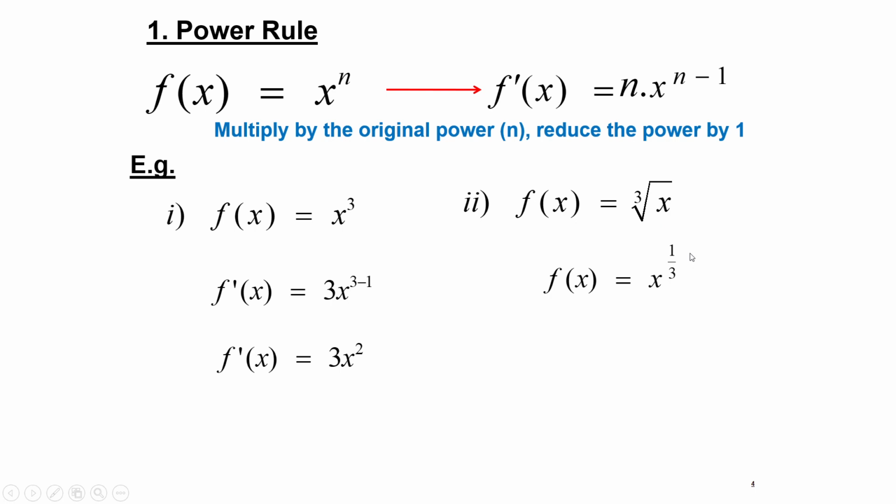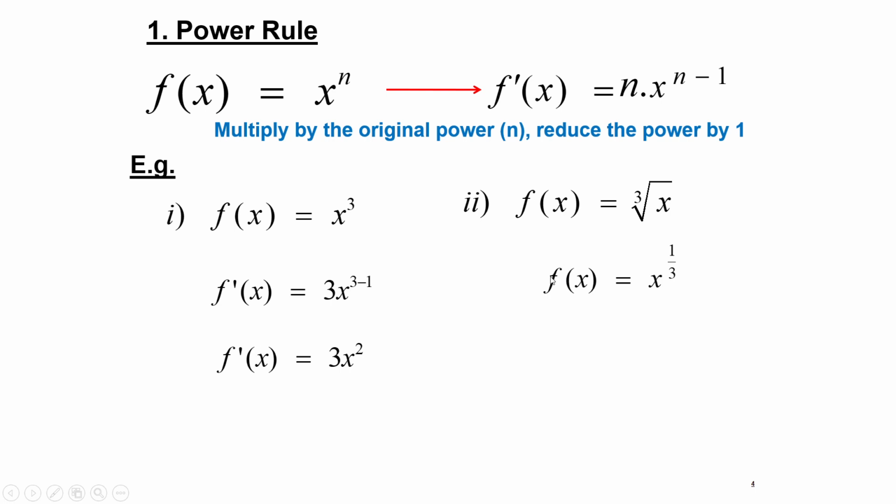Now if you differentiate x power 1/3, remember this is not a differential form. This is not the derivative of this function. This is still f of x, but we have just rewritten it. We have not differentiated yet. You can see we have not put f dash of x.